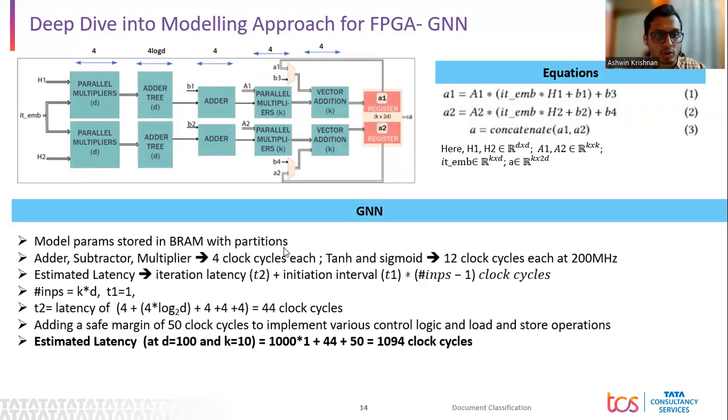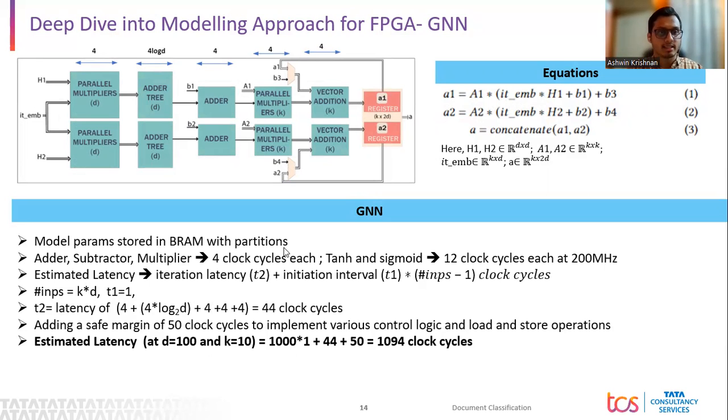Here again, the total number of inputs is k into d, that is, the number of rows of item embeddings into the number of columns of model parameters h1 or h2, giving us a total number of inputs of k into d. The initiation interval, since it's a model, we take as 1.